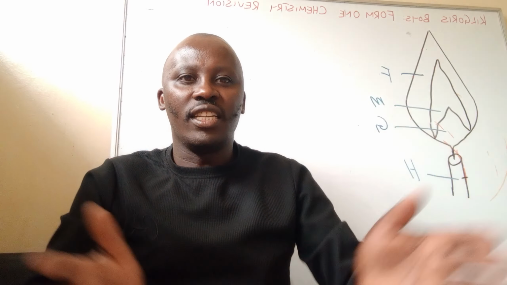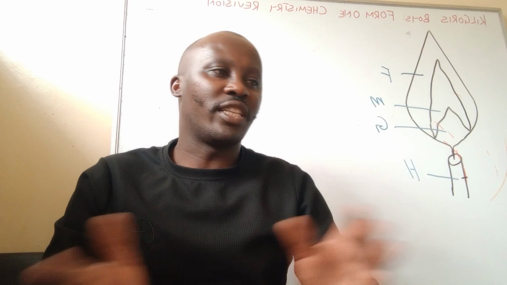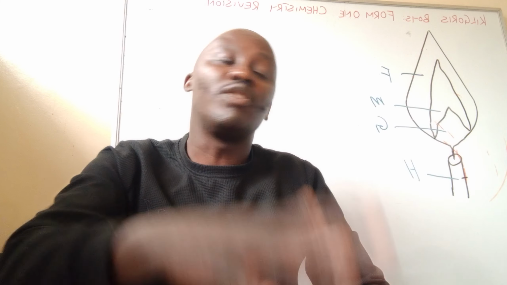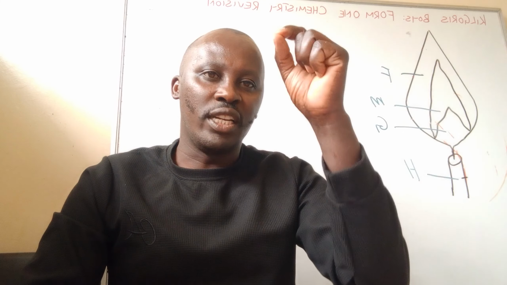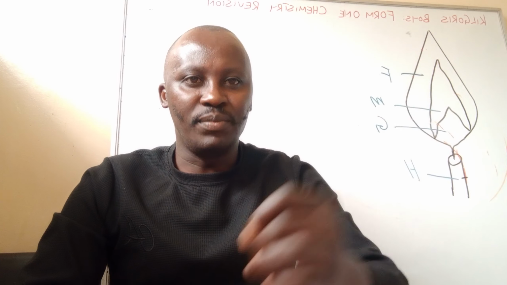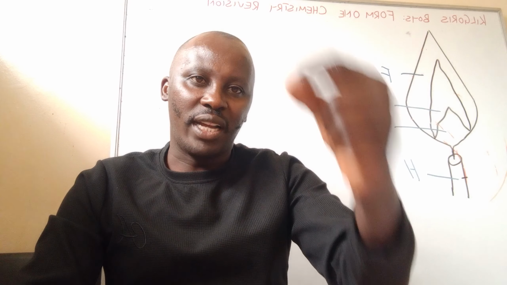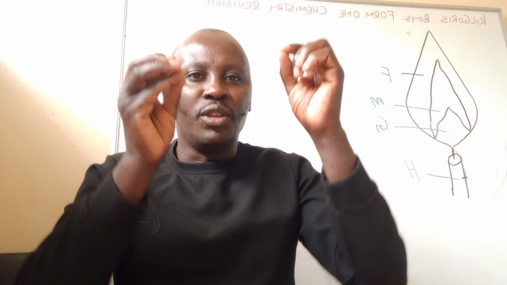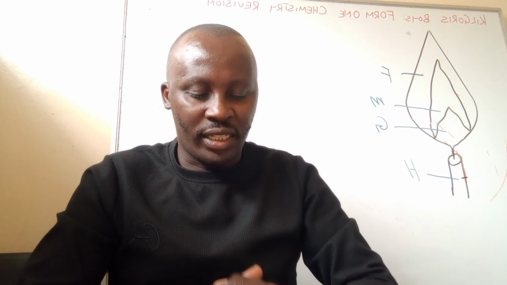So in the exam, don't waste your time reading about the laboratory rules. There are only two areas being tested from this part: the Bunsen burner and the flame it produces, and also the use of the apparatus.